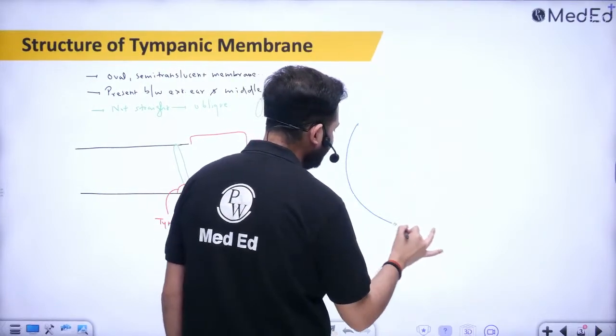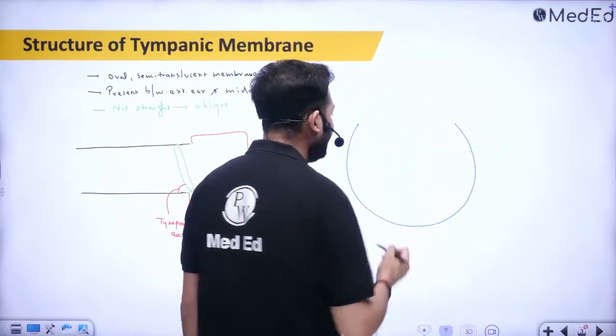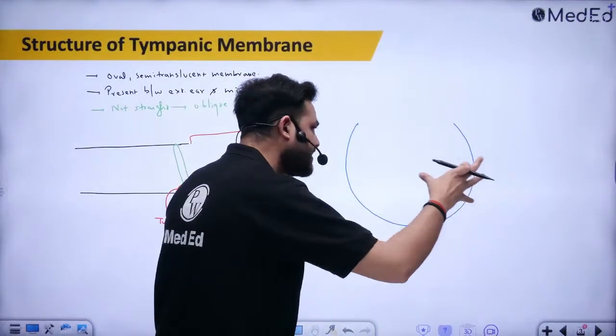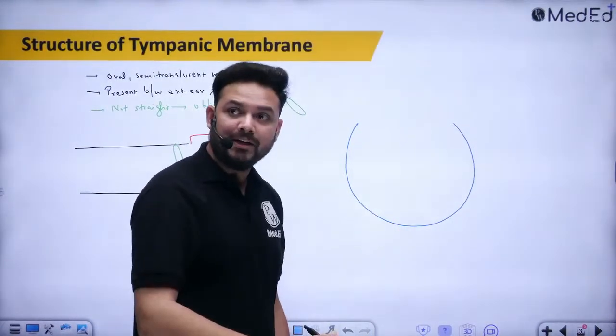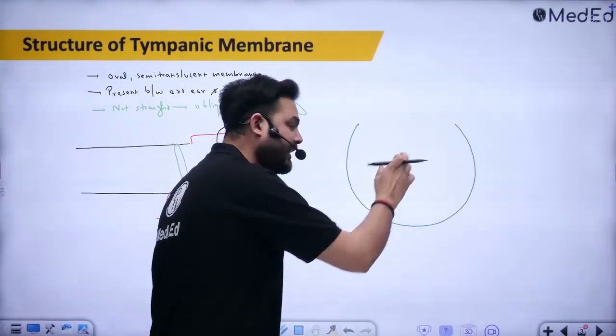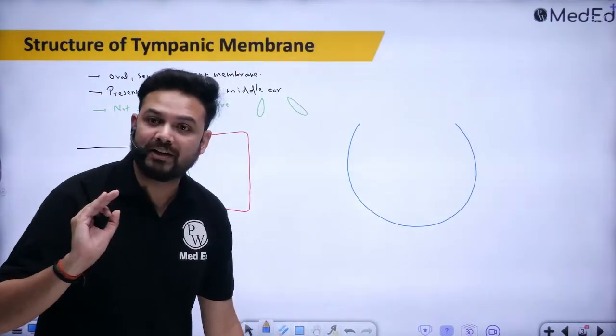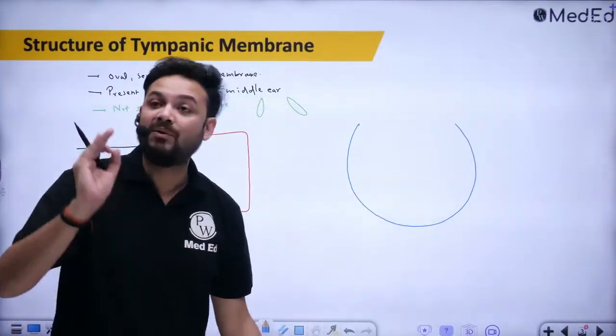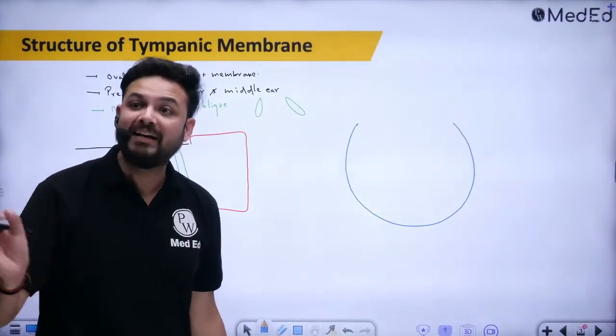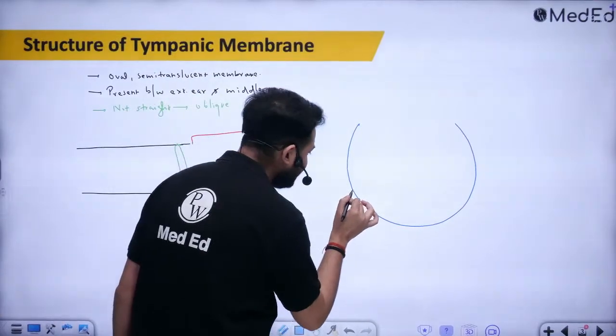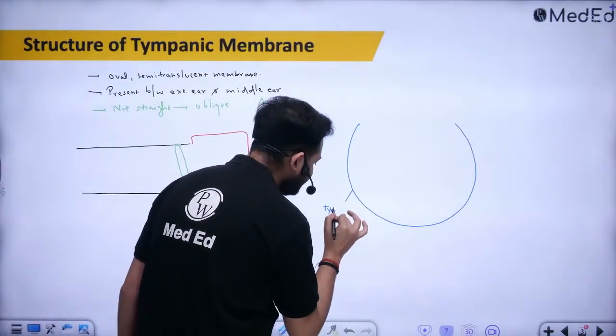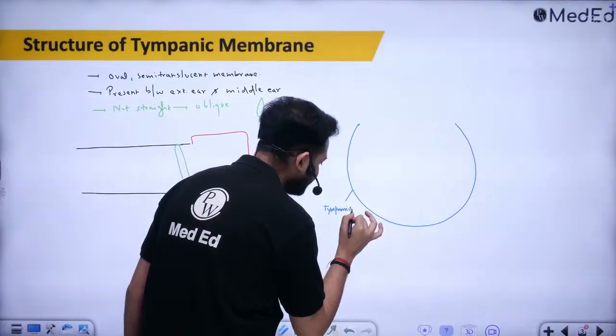You are looking inside the external auditory canal, and the last part of it is this sulcus, and we call this the tympanic sulcus.